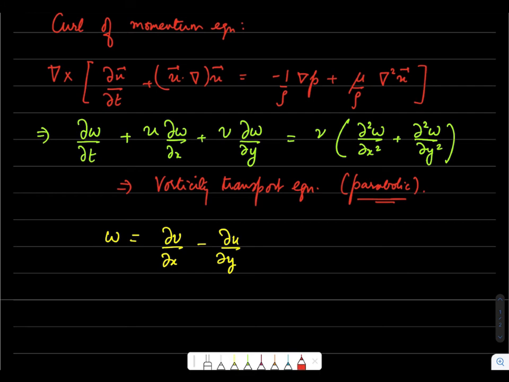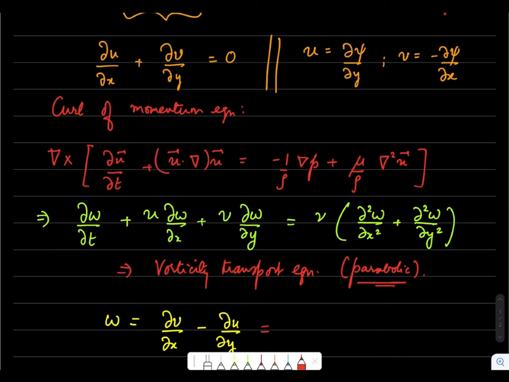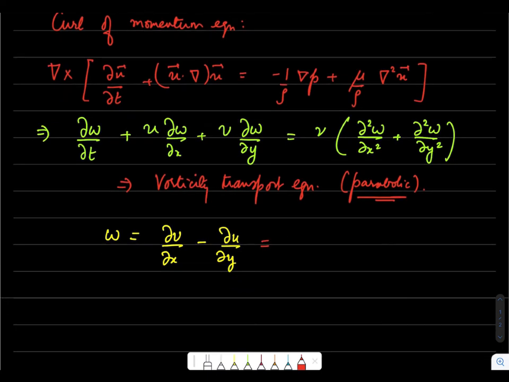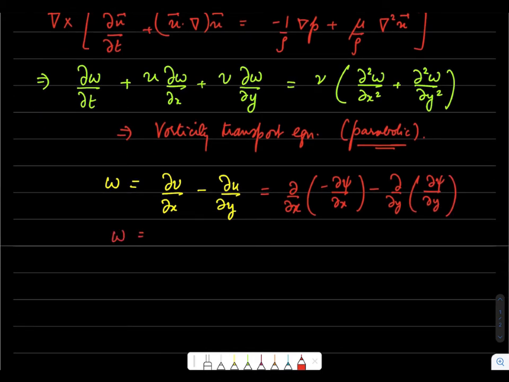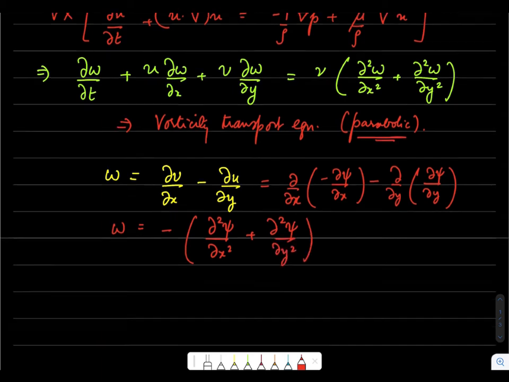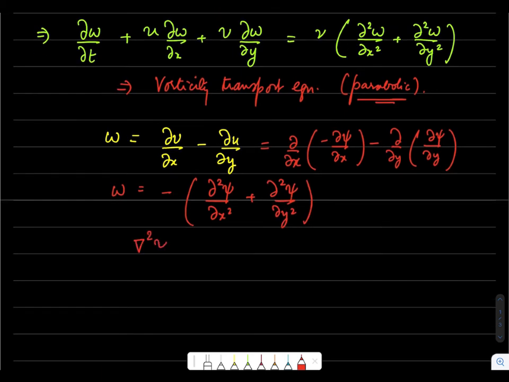If I substitute v as minus d psi dx and u as d psi dy, we'll have d by dx of minus d psi dx minus d by dy of d psi dy. What we get is omega equals minus of del square psi del x square plus del square psi del y square, or I can write that the Laplacian of psi is minus omega.